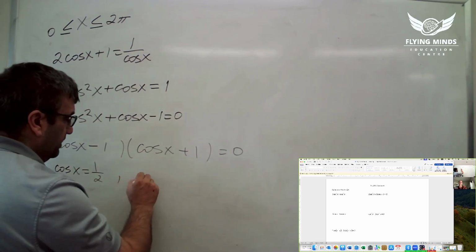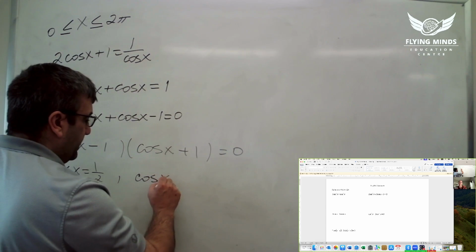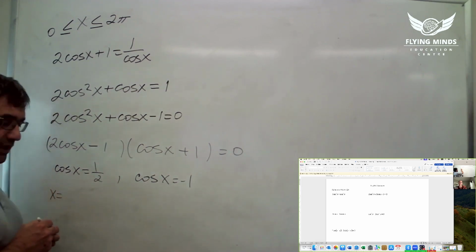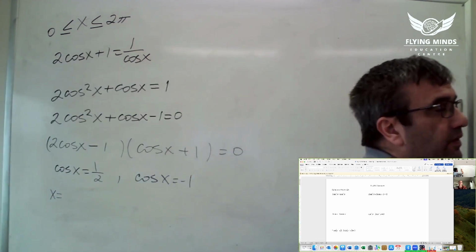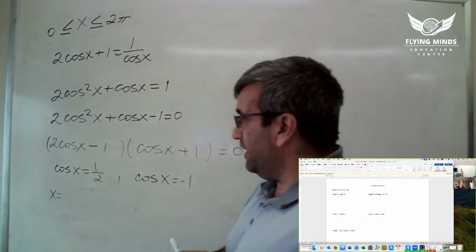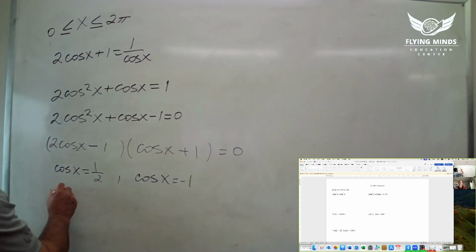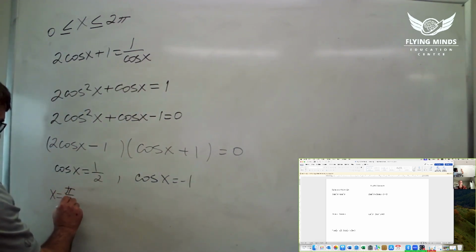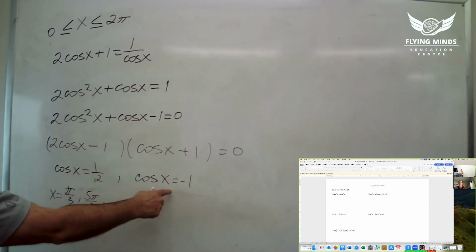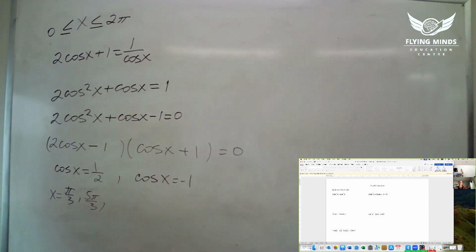And cosine x equals negative 1. So cosine x equals a half where? Pi over 3 and 5 pi over 3. And from here, cosine x equals negative 1, so x is equal to pi.